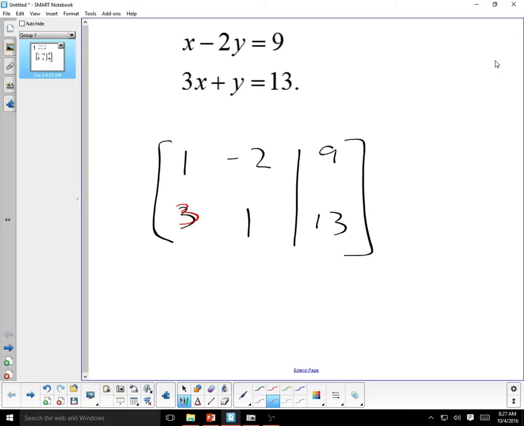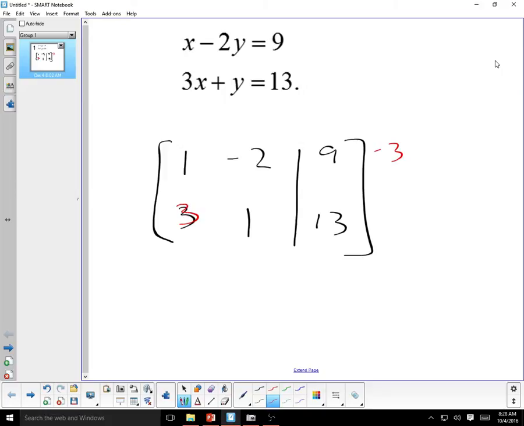So I'm going to take row 1 and multiply it by -3, and then I'm going to add it to row 2. Does that make sense? So I'm going to take this row, multiply it by -3, so that means my new numbers are -3, 6, and, well, that's not 6.